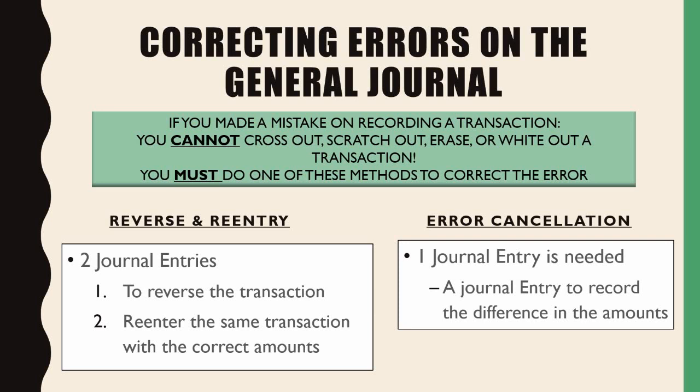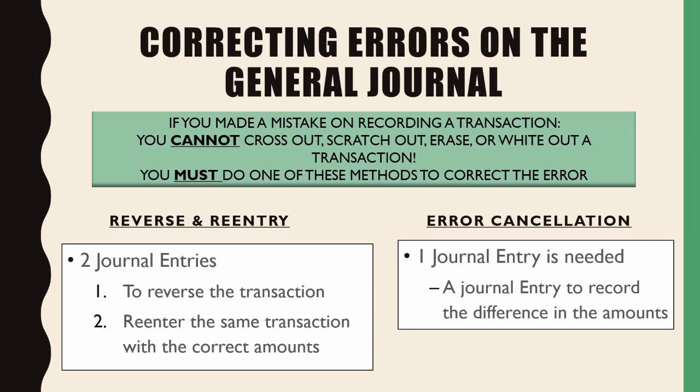Now, when we are looking at the professional realm, making mistakes is a very huge deal, okay? Especially when you are working for a different company. You make one minor mistake, you need to fix it, okay? You cannot scrap it, you cannot delete it, you cannot erase it. If you're doing this manually, you cannot scratch it out.